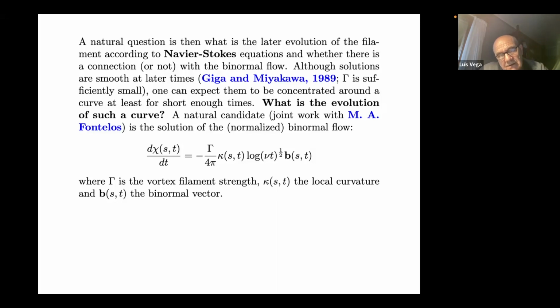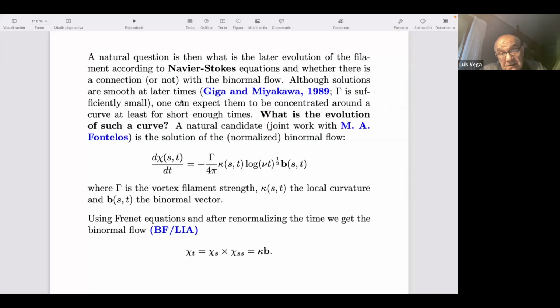In order to do this detailed description of the solution, we will construct the solution in a different way. The starting point will be to use the localized induction approximation, replacing the epsilon we had before with the log, the square root of nu t. It's something that I guess everybody was expecting.